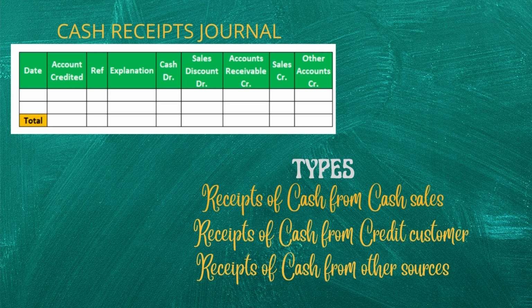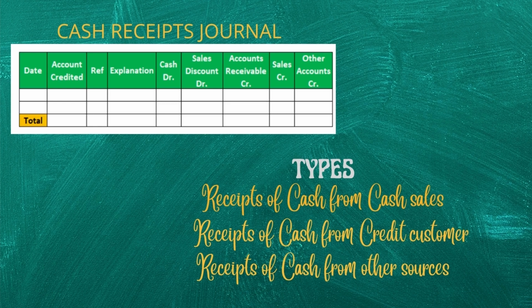Receipts of cash from cash sales are all cash received from cash sales of goods and services to customers, recorded in the cash receipts journal, mentioning the name of the counterparty in the narration.